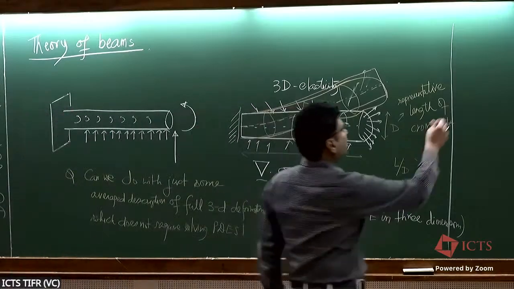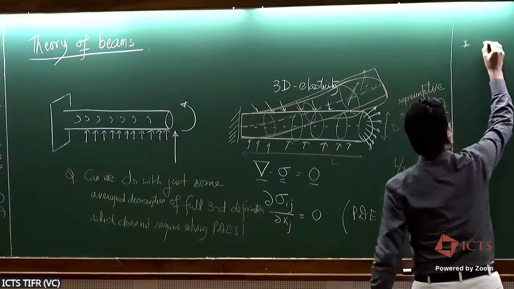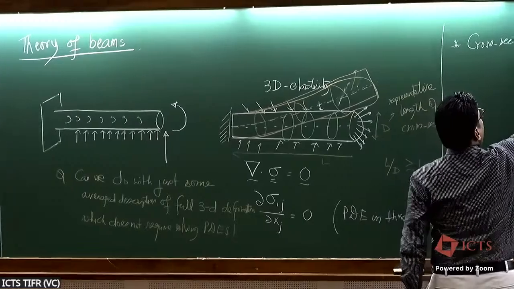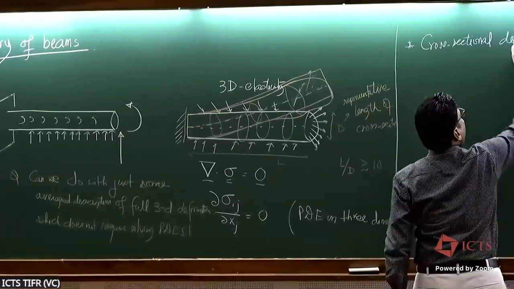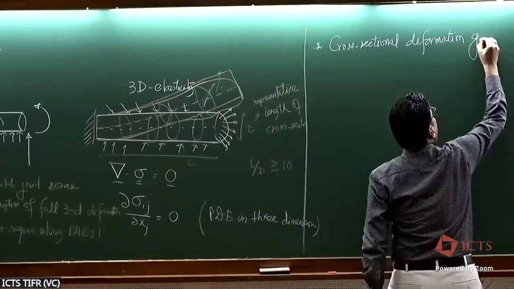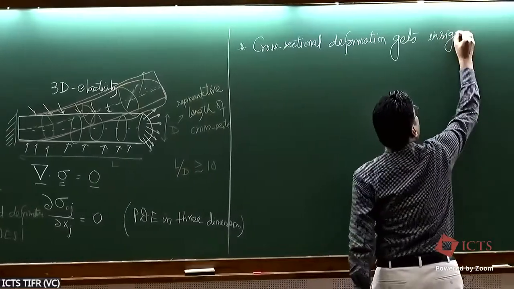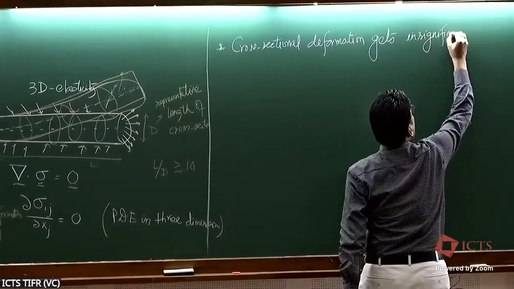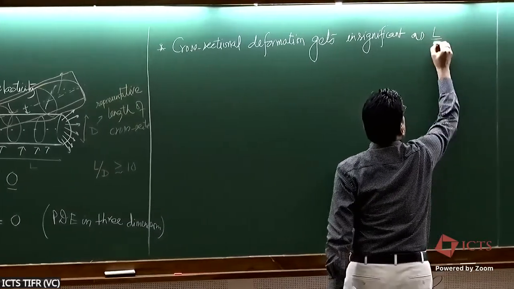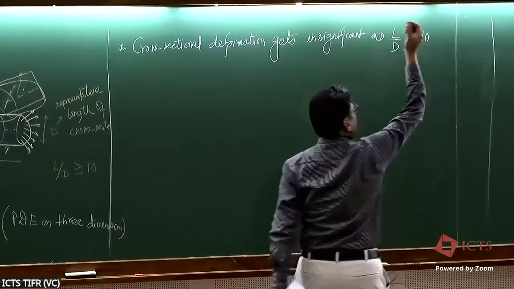The main point is that the cross-sectional deformation gets insignificant as L by D becomes larger than 10, let's say.